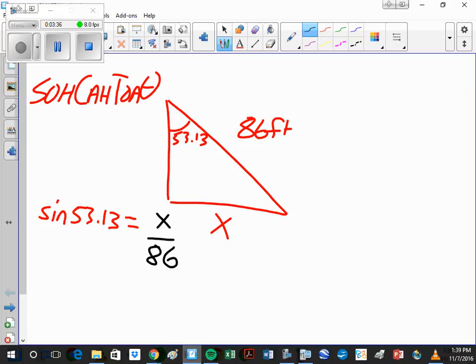I know what the ratio is. This is 0.8. 0.8 is equal to whatever x value is there divided by 86. How do you solve for x? How do we get this x by itself? Multiply it by 86.